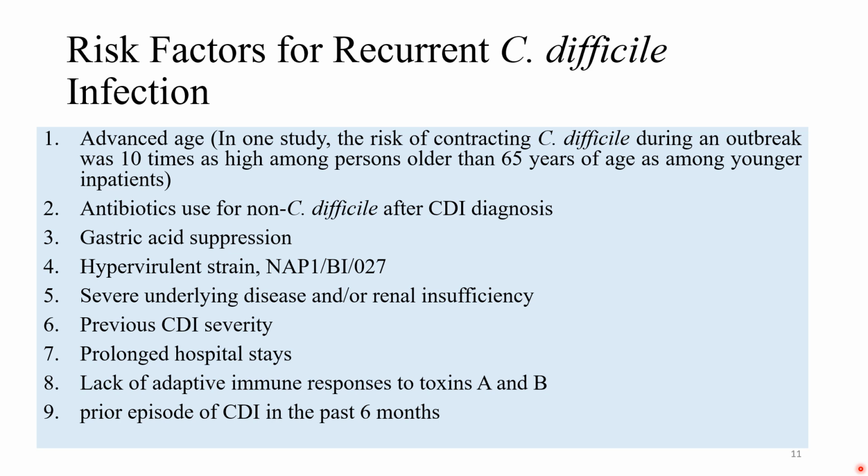Number four, hypervirulent strains, which means you are infected with hypervirulent strains of C. difficile. Number five, severe underlying disease, like if you have used corticosteroids or have renal insufficiency. Number six, previous CDI severity. Number seven, prolonged hospital stays. And number eight, lack of adaptive immune response to toxin A or B.